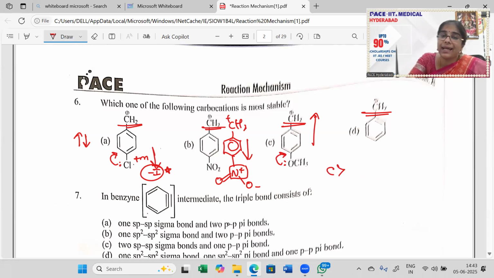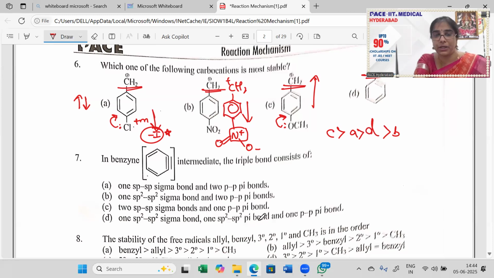Then I have giving and taking, which is my chlorine, option A. The nitro group is a withdrawing group, thereby increasing the positive charge of B to the greatest extent. So B is the least stable. And D is not doing anything, so don't spoil the work. Remember this part. It is not doing anything. Option D is fine. Neither is it increasing the charge nor decreasing the charge, which is fine, right? So this should be the order you need to talk about, right?